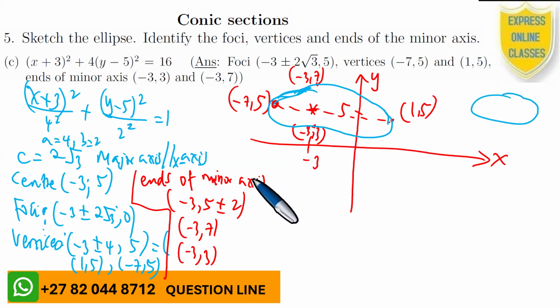The center is x equals minus 3 and y equals 5, so minus 3, 5.